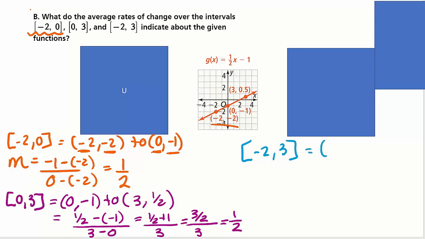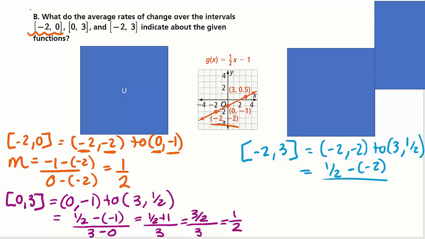So we take our coordinates, -2, -2 to 3, 1/2. Then we do y2 minus y1. So 1/2 minus -2 over 3 minus -2. And that actually simplifies to be 1/2 as well.